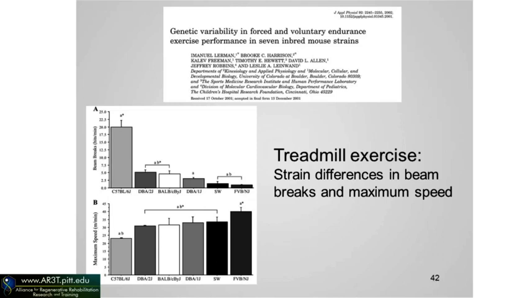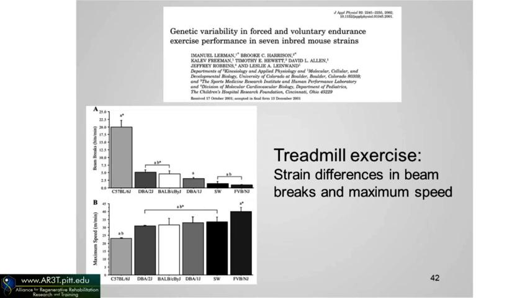As the rodent is running on the treadmill, that's going this direction, they start getting tired, or for whatever reason they start slowing down, and the back end of them hits a beam which breaks, and you can calculate how many have had a problem maintaining their position on that treadmill as it's moving forward.